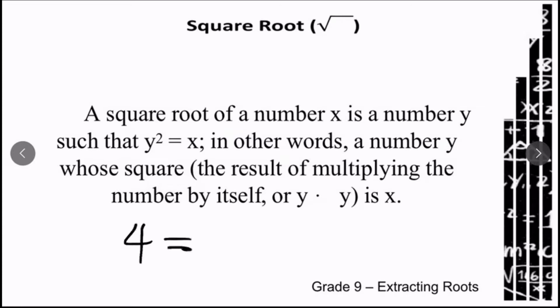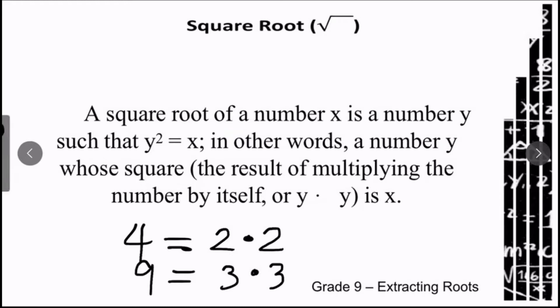It is the product of 2 multiplied by 2. Another perfect square is 9. It comes from the product of 3 times 3. Therefore, we need to recall perfect squares for us to easily simplify a square root.